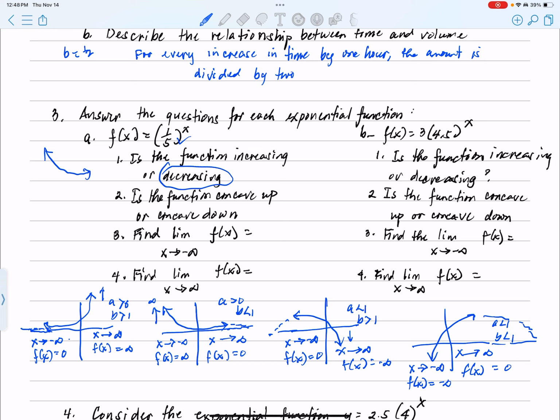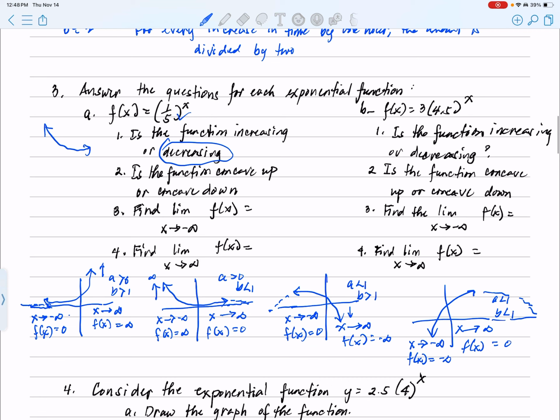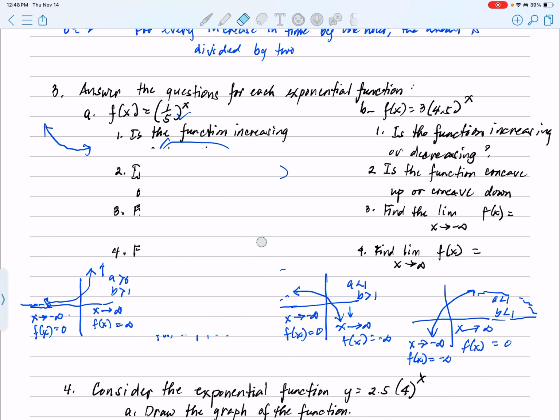Is the function concave up or down? It's concave up. Okay? For the limit, when x approaches negative infinity, the function of x is infinity in this case. And for the limit when x approaches positive infinity, f of x is 0.